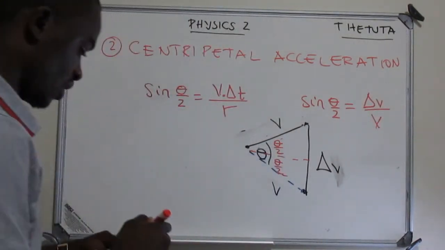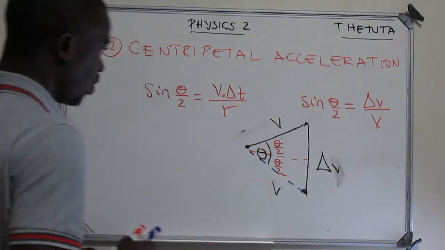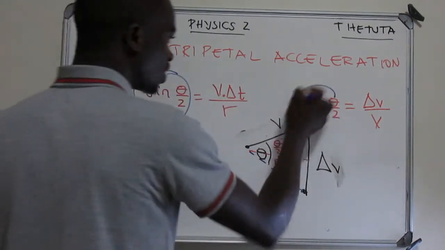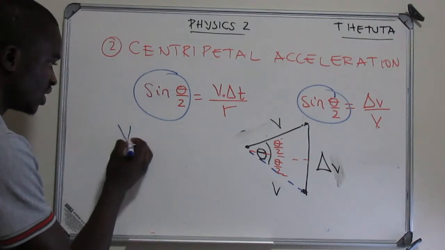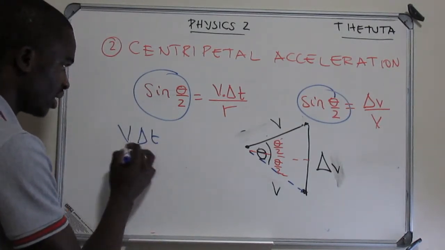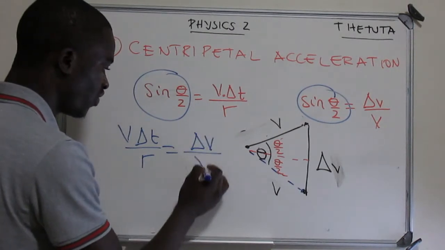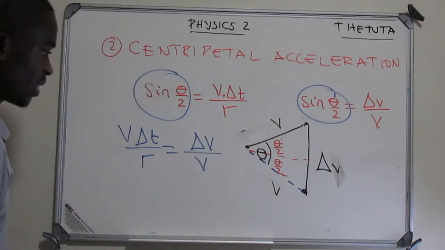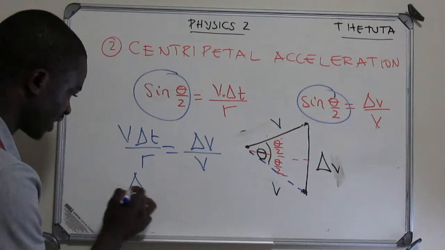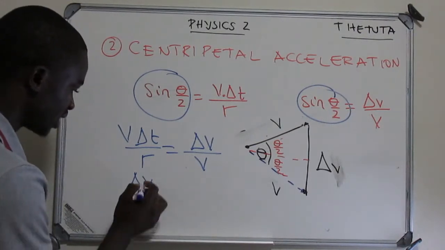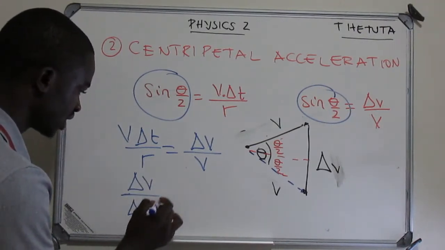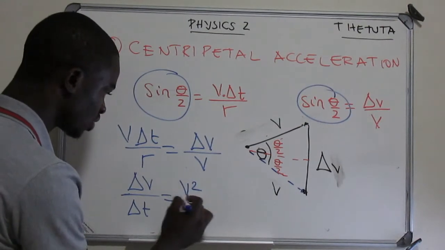Okay? So now what we are going to do is equate the 2. The velocity times the change in time, divided by the radius, will be given by the change in velocity over the velocity. And therefore, if you apply your mathematics here, you have the change in velocity over the change in time given by the velocity squared over r.